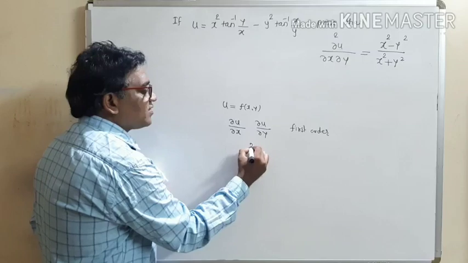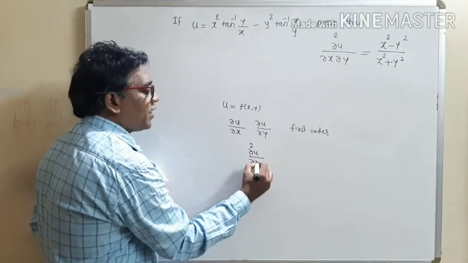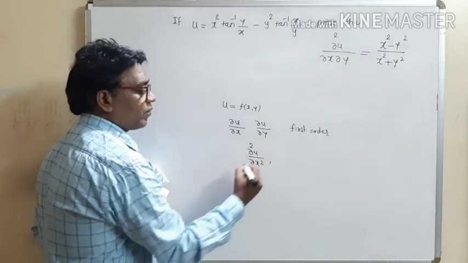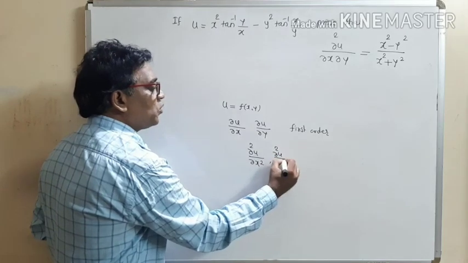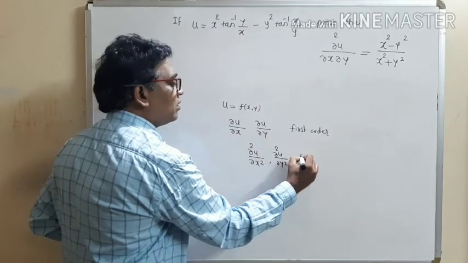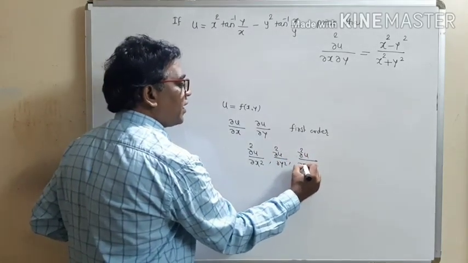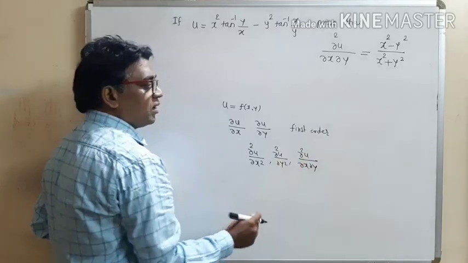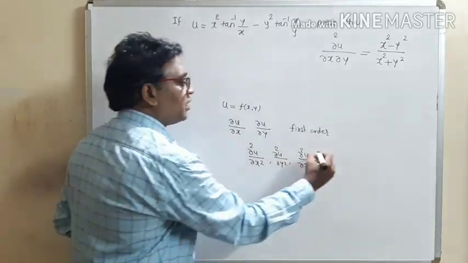And this is called a second order partial derivative: ∂²u/∂x², ∂²u/∂y², or ∂²u/∂x∂y. This is called the second order partial derivative.